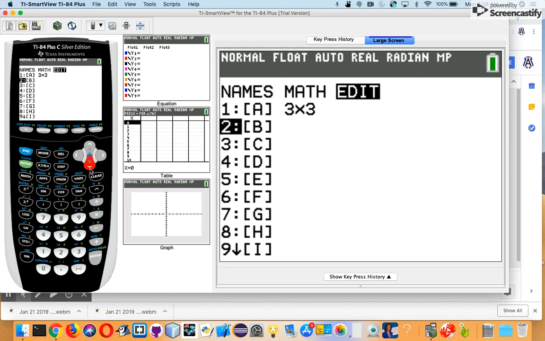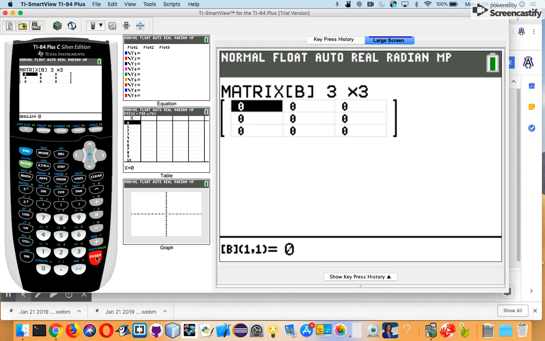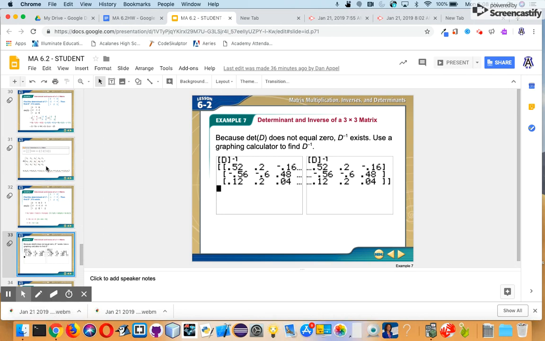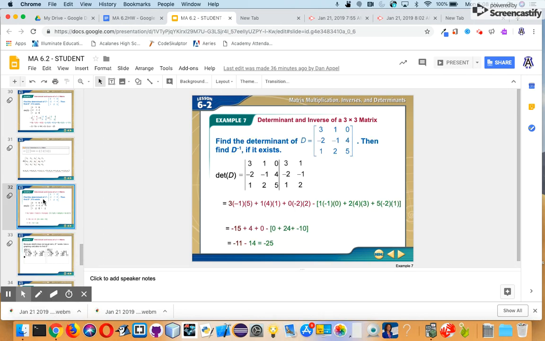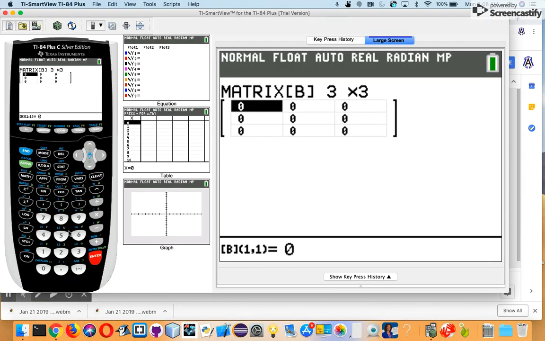I'm going to go down and edit B, and make a 3 enter 3 enter matrix, and then add in the values that we had from before. So it's going to be 3 enter 1 enter 0.